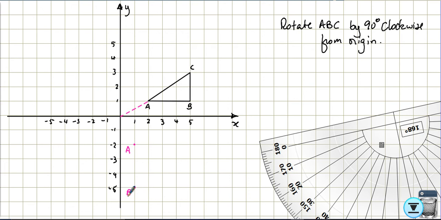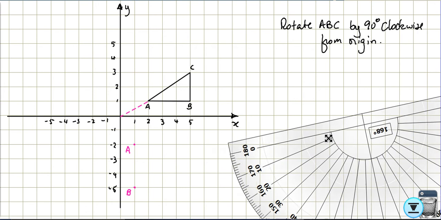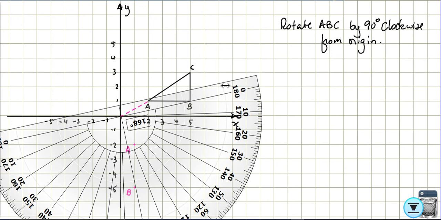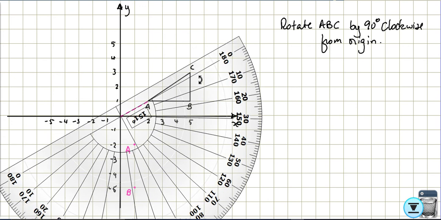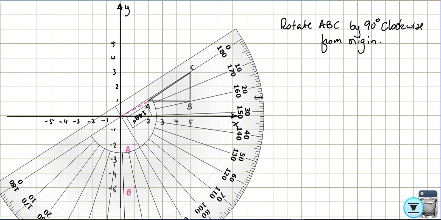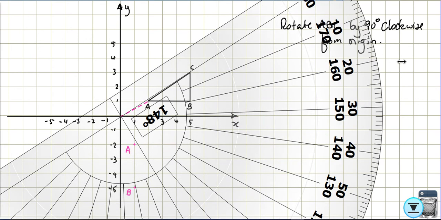Let's see what happens to C. So again, I'm going to place my protractor. I'm going to turn it around so that the 0 now lies on C. The 0 lies on C. And I'm going to try and enlarge this as much as possible. Okay, so let's see, because we have the 90-degree angle here.